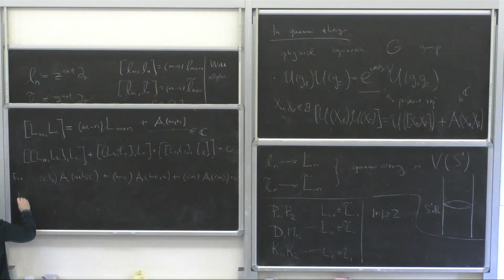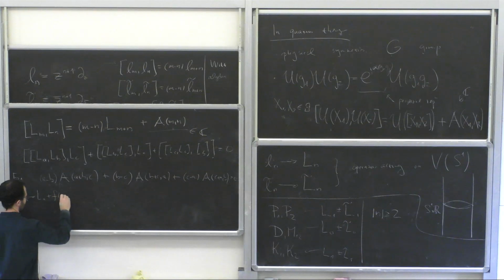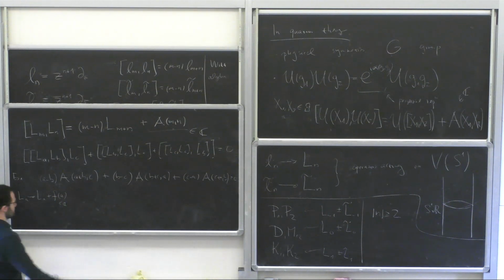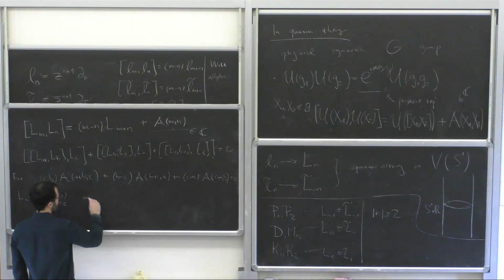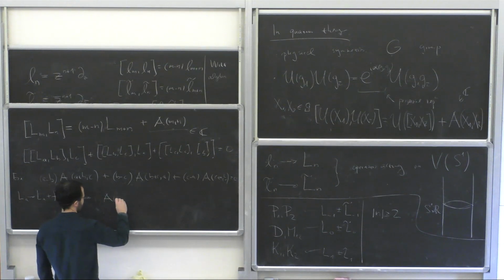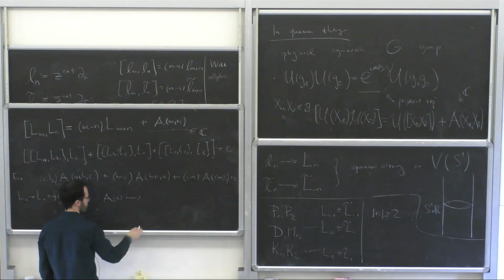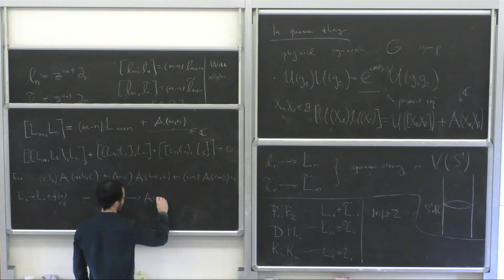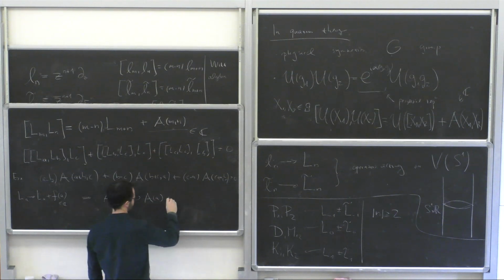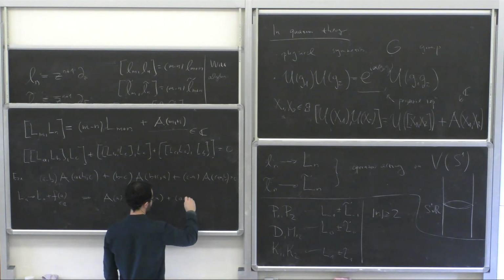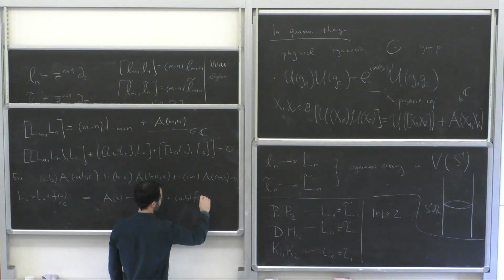But you can also redefine these L's up to a constant. So imagine you shift L_A to L_A plus some arbitrary function of A, which is a C number. Then this allows you to modify A(A, B) to A(A, B) plus (A minus B) f(A plus B).